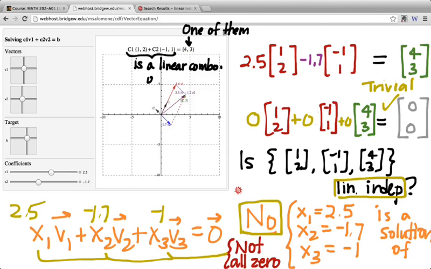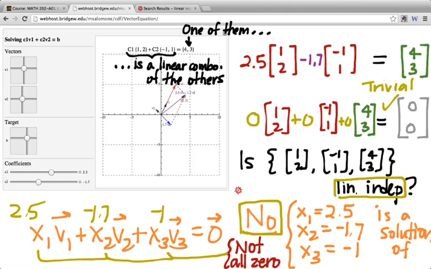I think that's a powerful way to think about what linear independence means: I can get one of the vectors in my set by taking a linear combination of the other vectors in my set. That's the notion of dependence in linear algebra, that one vector depends on the others if we can make that one vector from a combination of the others.